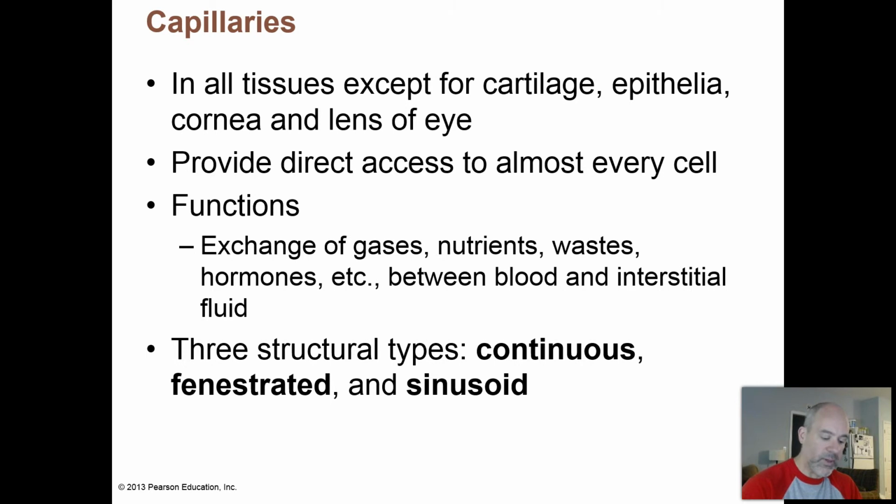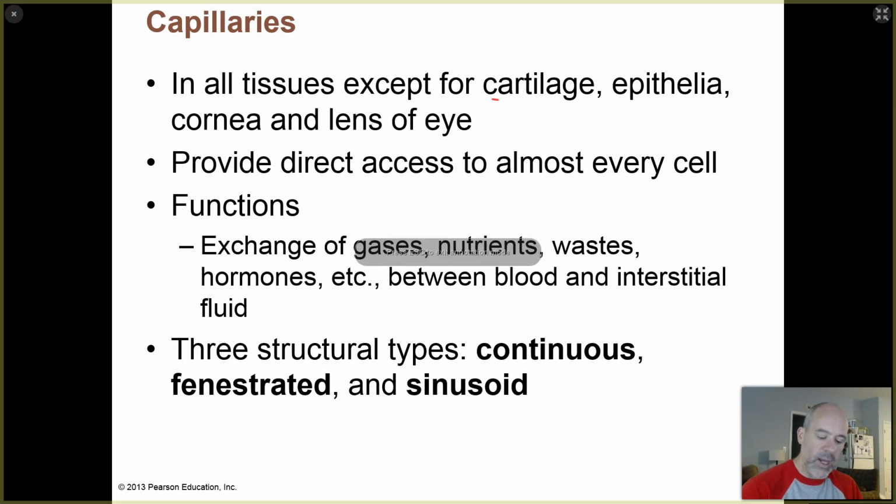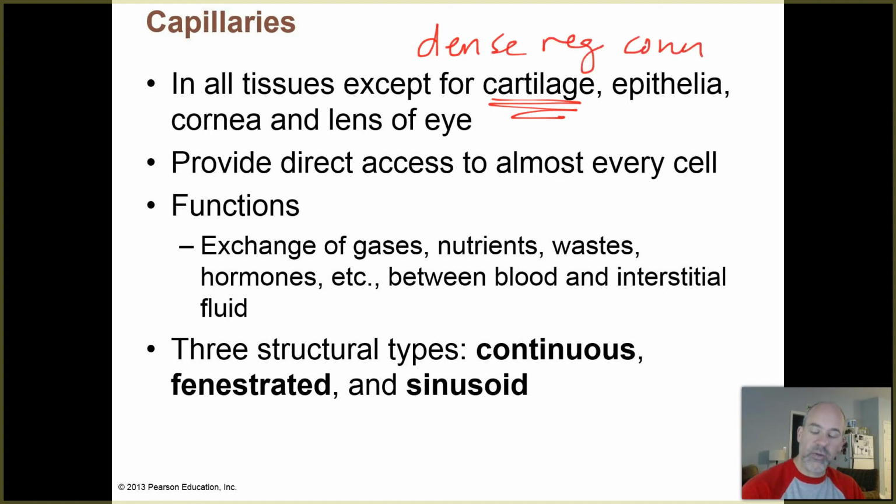So cartilage, for example, is a type of tissue where you don't have capillaries passing through the extracellular matrix. Also, if you guys remember the dense regular connective tissues of ligaments and tendons, you also don't have blood vessels passing through those tissues. They have a poor blood supply.